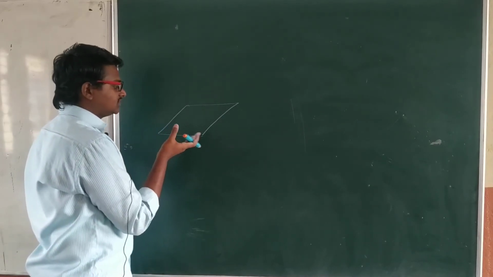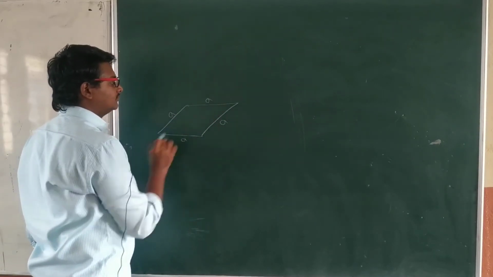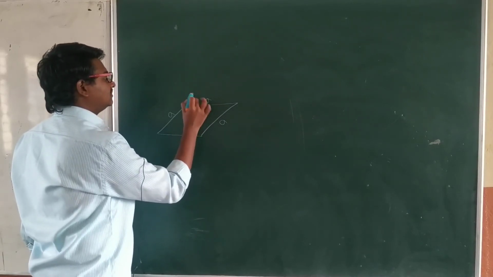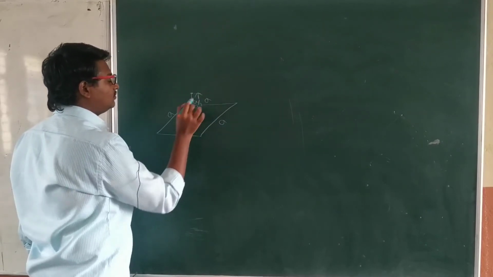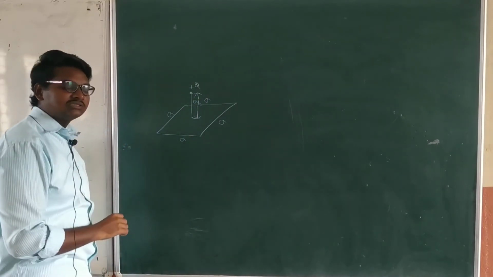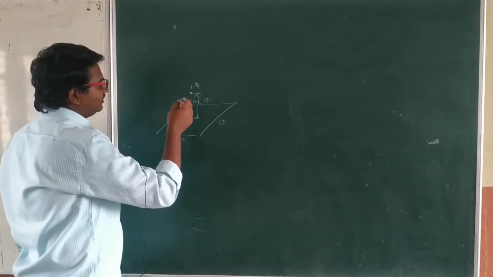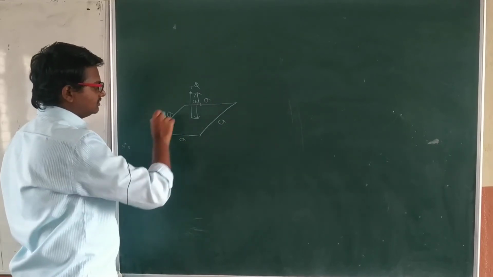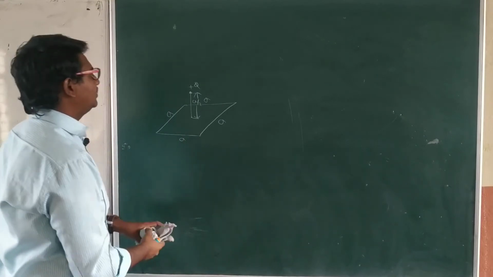Already we know what a cube is. They have given a square face of a cube whose side is A, and at a distance from its center A by 2, they have kept a point charge of plus Q. Now we have to find out what will be the flux passing through this square surface. How much flux is passing through that, we need to find out.